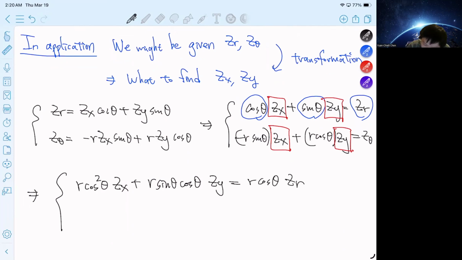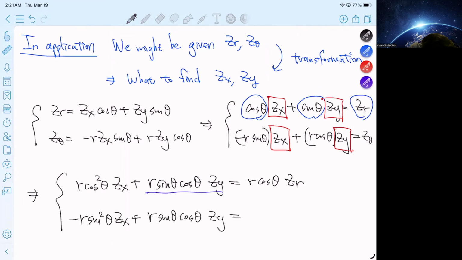My goal is to eliminate this guy. So I multiply by R cosine theta on the first equation, and I need to multiply by sine theta on the second. So this will be negative R sine squared theta Zx plus R sine theta cosine theta Zy equals sine theta Z theta.